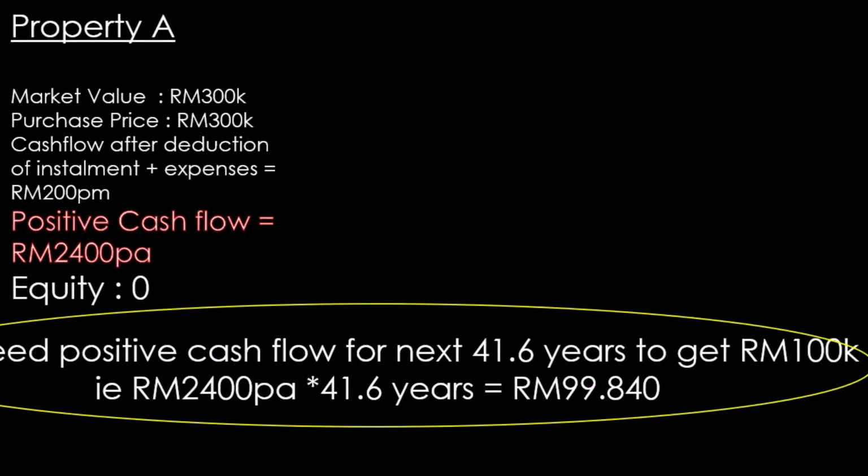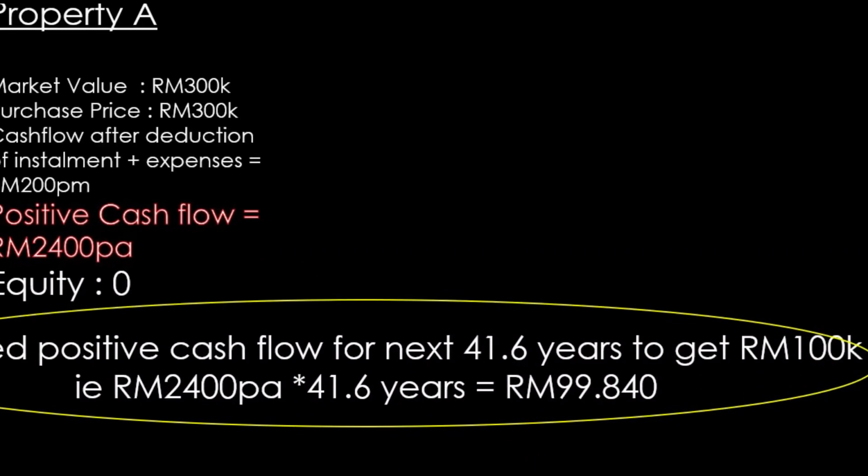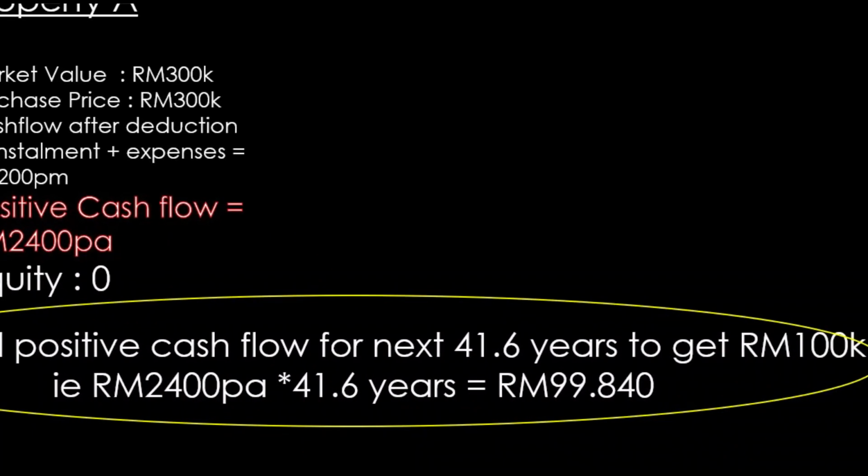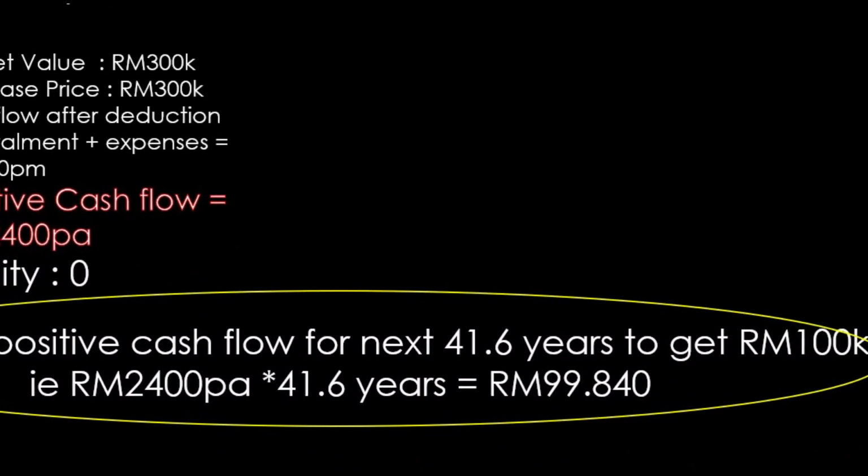Versus property B, even though every month you do not have a positive cash flow, the rental that you can get can only cover your monthly installment without producing any extra income. But immediately, if you were to sell it off, you can easily get a 100K equity on it.